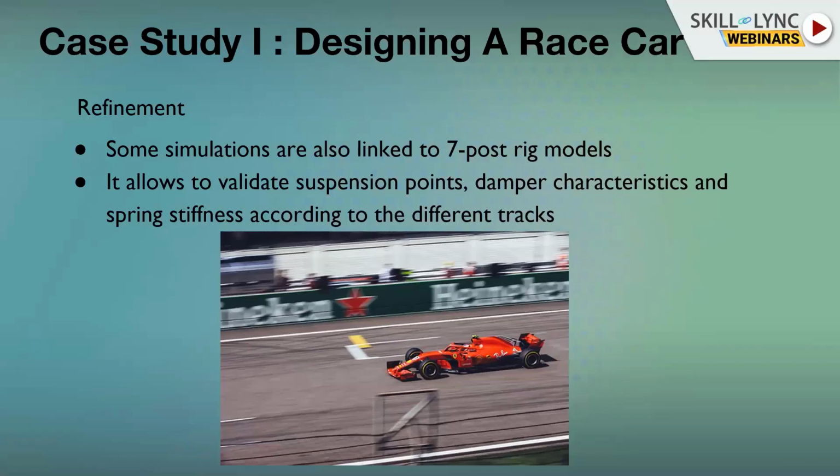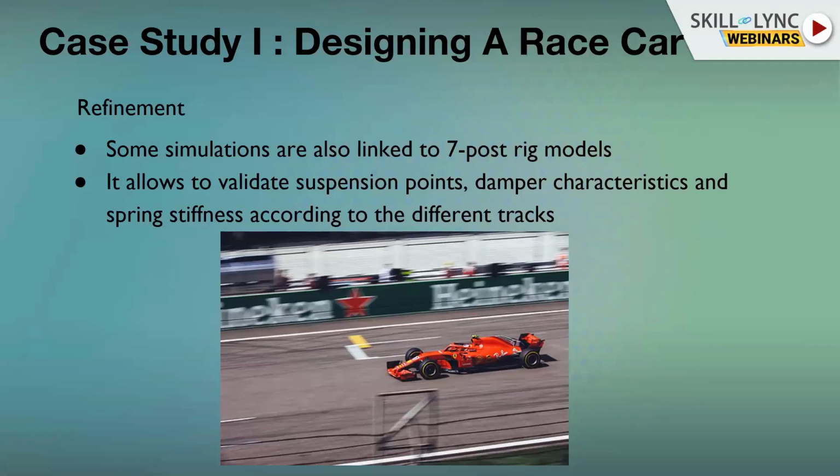And in that sense, a 7 post-rig model allows you to avoid that kind of error, and it allows you to perfectly set up your dampers and your springs as well, and it validates all the motion of your car in terms of pitch, roll, or heave.